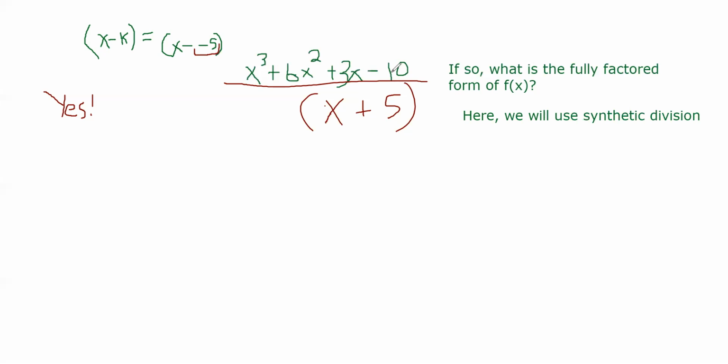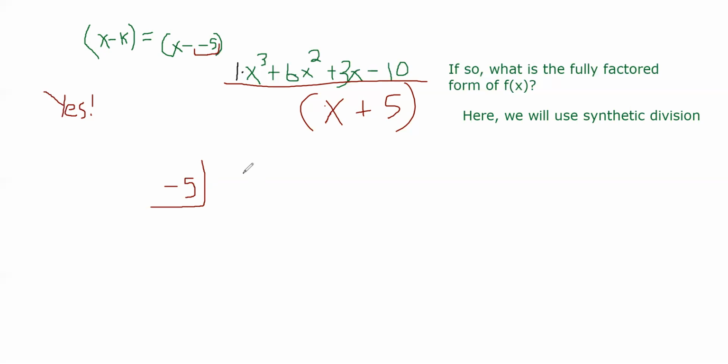So let's set up the synthetic division. The factor is x plus 5, but in synthetic division, you write the root itself up here in the top left corner, negative 5. Then in descending order, you write the coefficients of your function. The coefficient of x cubed is implied to be 1 because there's nothing otherwise written.